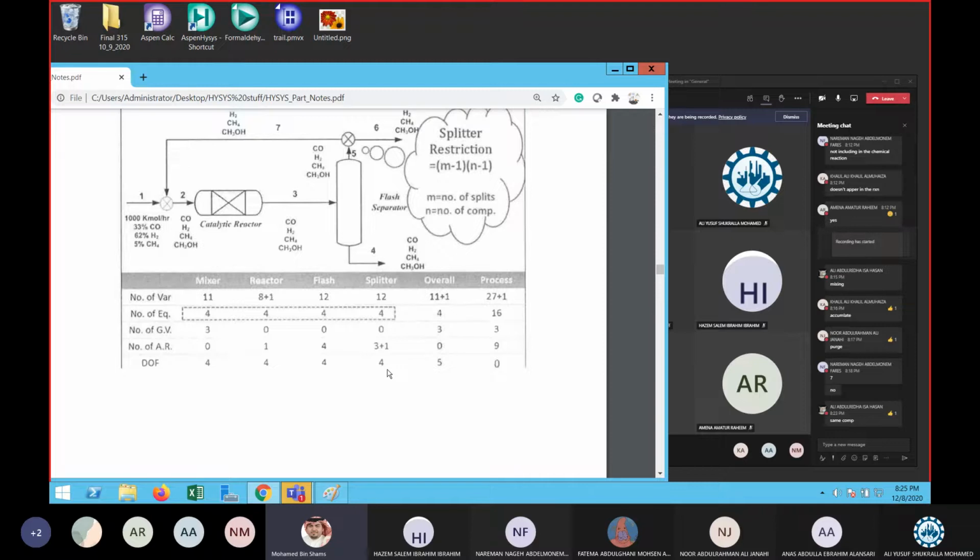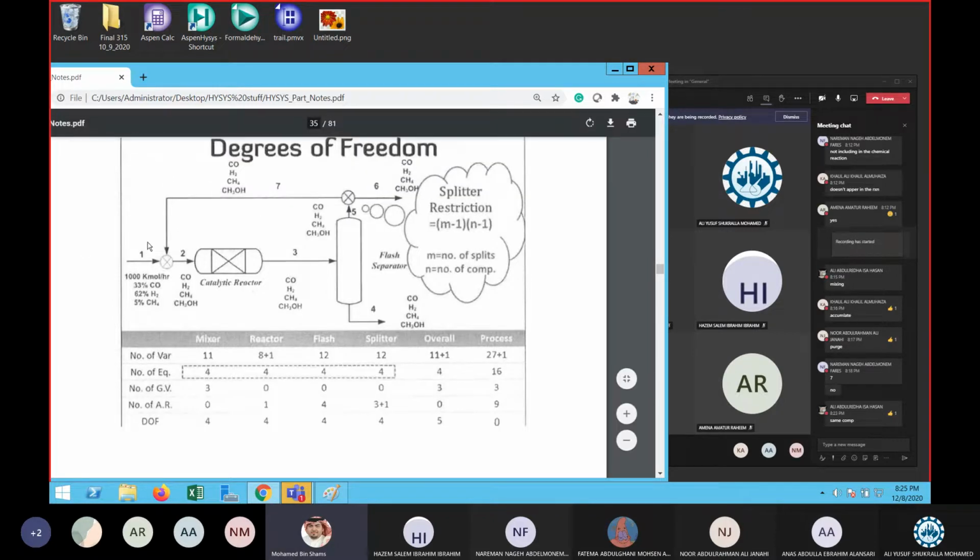So I cannot solve the splitter. Now let's go to the overall. When we look at the overall, it means that we put a big rectangle here, and the streams involved are 1, 6, and 4. How many variables do we have?